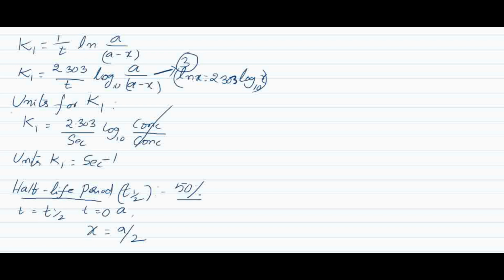Now these values, t equals t half and x equals a by 2, are substituted in this equation 3.